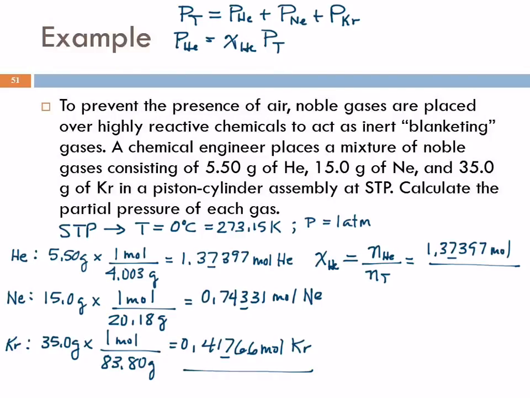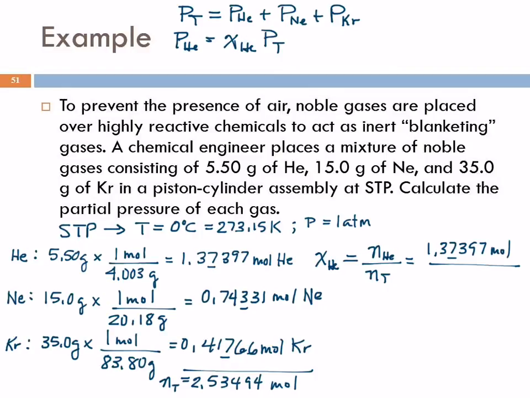So 1.37397 plus 0.74331 plus 0.41766. Total number of moles is 2.53494 moles. That's total number of moles of gas.